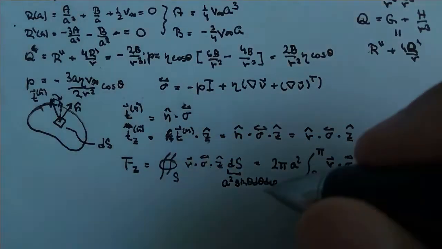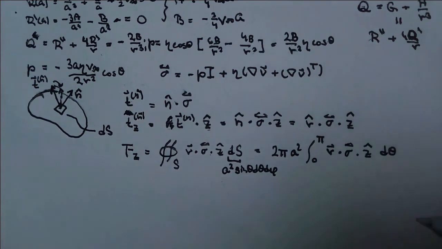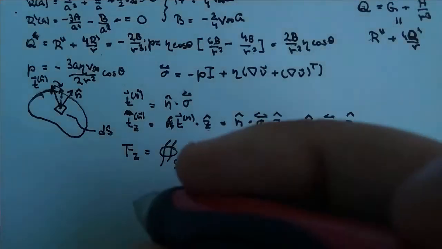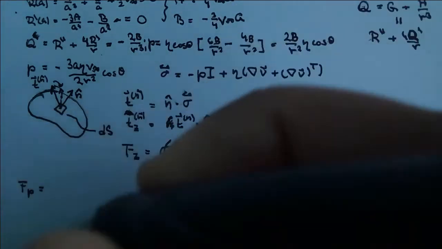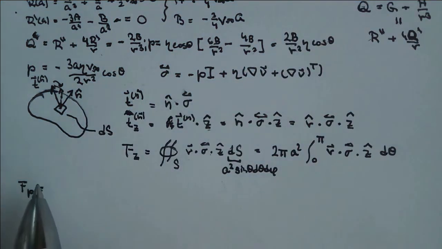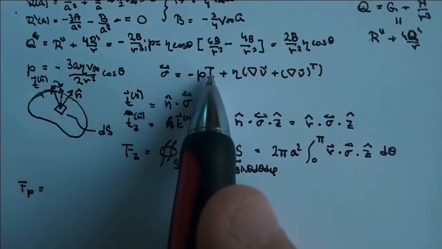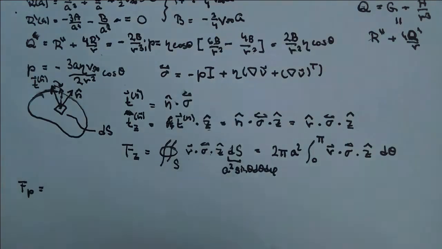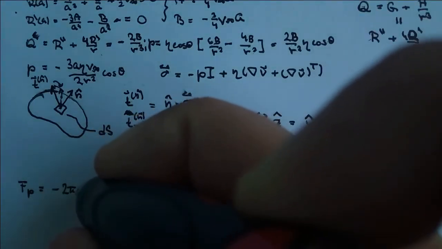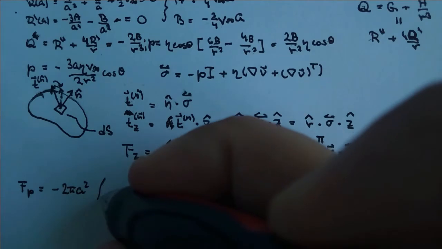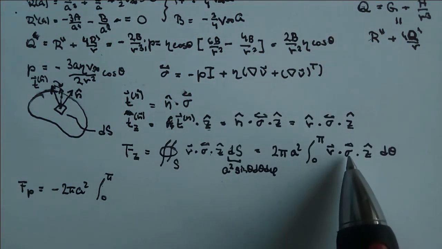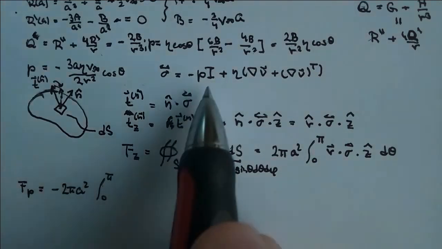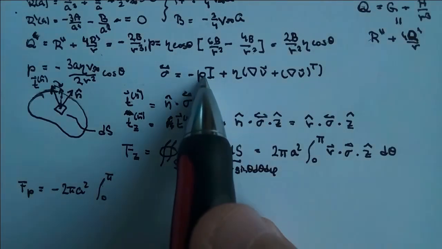It's really easy. If we compute the force contribution from the pressure alone, that's going to be this. The force from the pressure, if you substitute in minus p times identity matrix, there will pop up a minus sign. So 2 pi a squared, and there's an integral from 0 to pi. R dot sigma is just r, because there is identity times something times p.